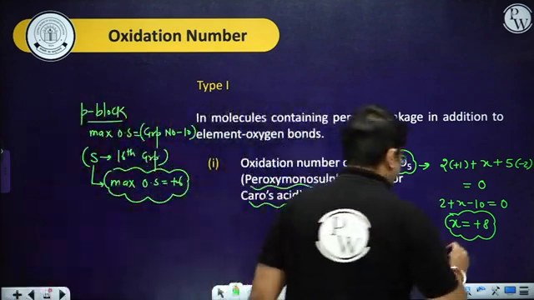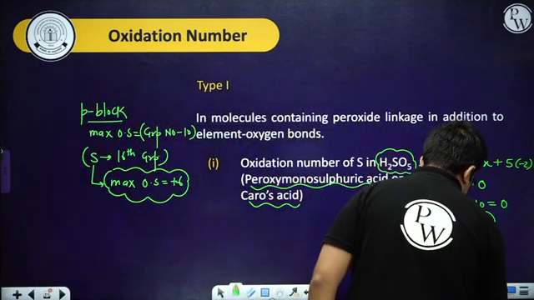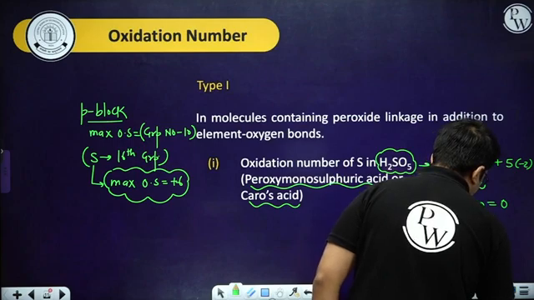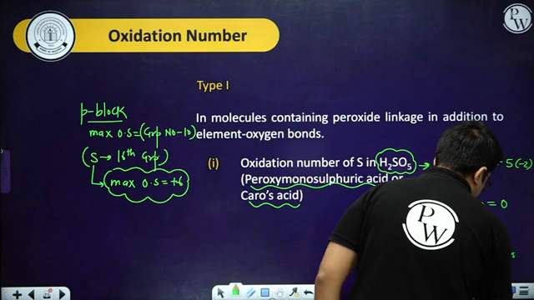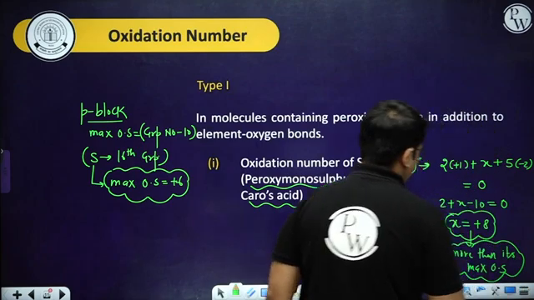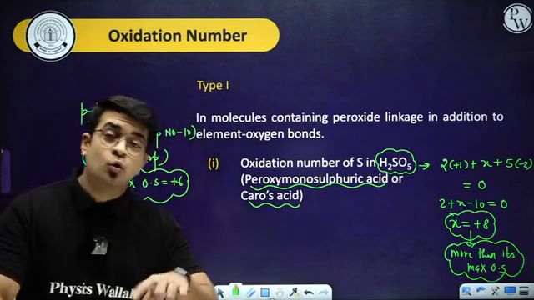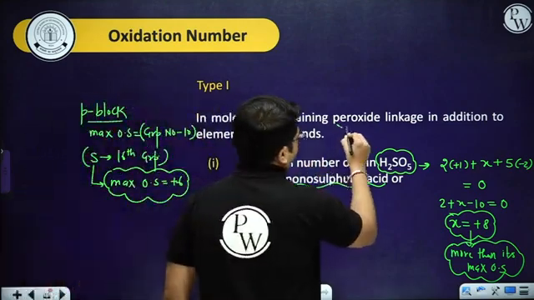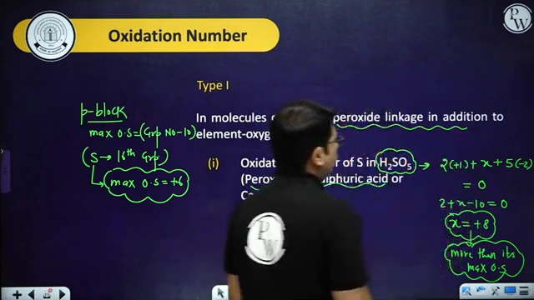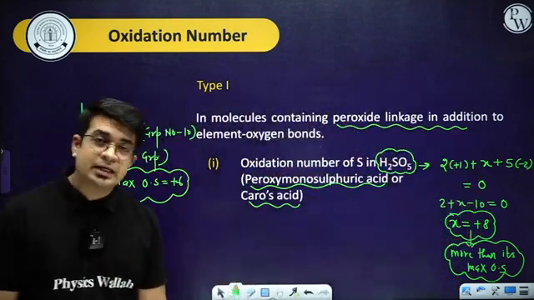It means after the calculation, after the formula, it is coming out more than its maximum oxidation state. Whenever you are calculating the oxidation state and it is coming out more than the maximum oxidation state, always look for peroxide linkage in the compound.